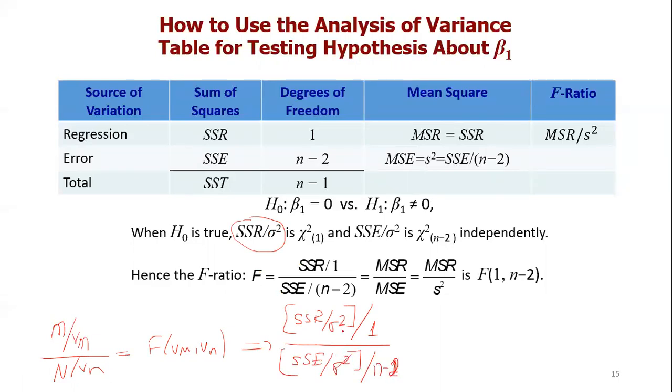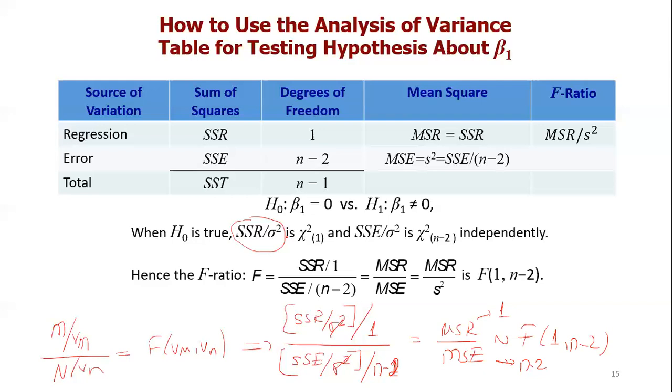Sigma squares cancel. This is equal to MSR divided by MSE, and so this is an F random variable with 1 and n minus 2 degrees of freedom. So this is my F random variable.